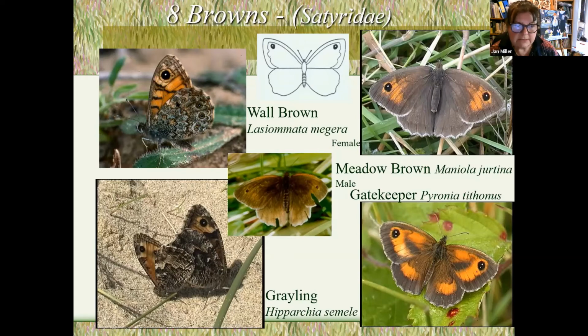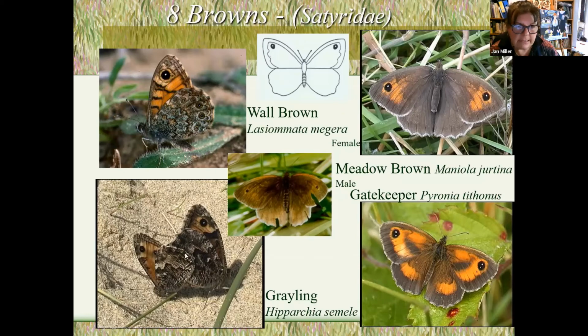Now I'll show you the ringlet on the next page, which also has these round circles on the underwing, but it's a different brownish colour. The wall brown is the only one with this orange on the top.